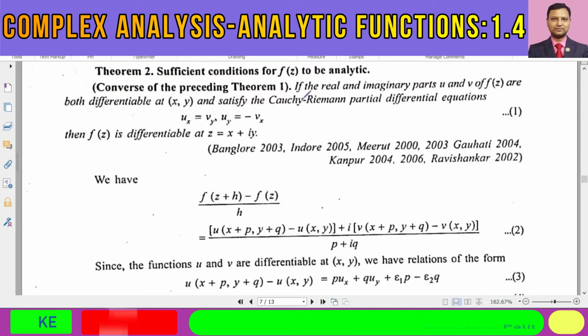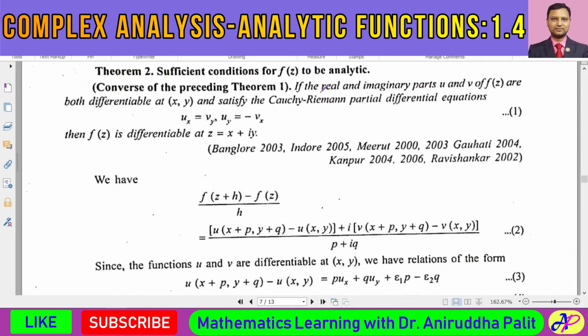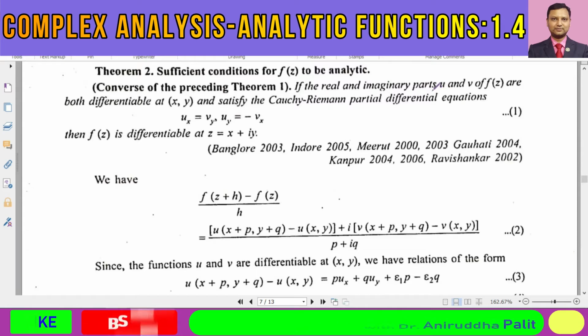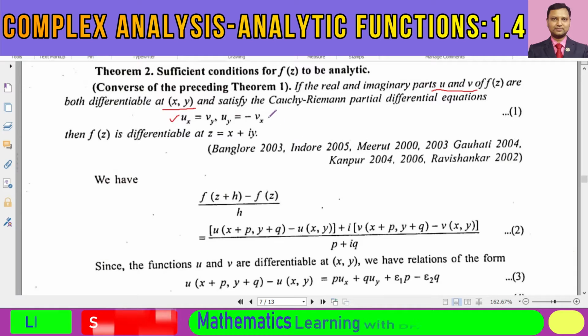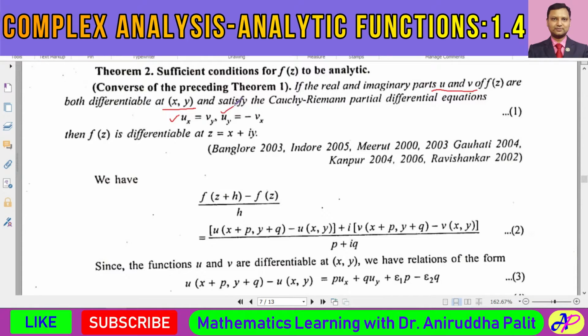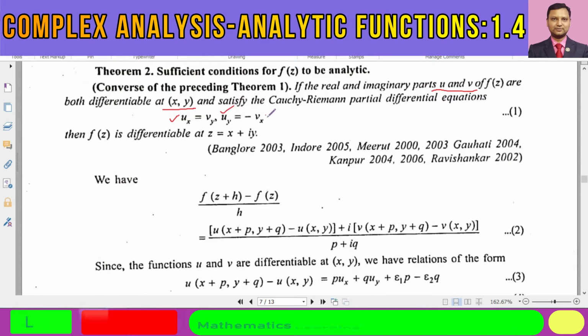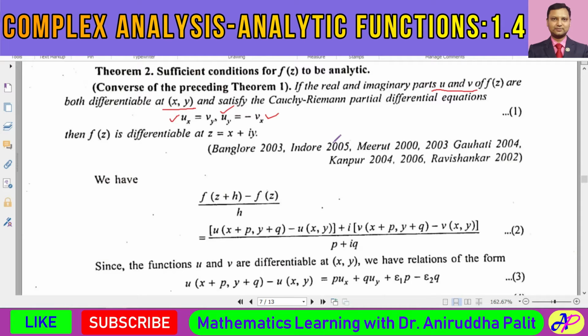So we are given that the real and imaginary parts, these two functions u and v of the function f of z, are differentiable at a particular point x comma y and satisfy the Cauchy-Riemann partial differential equations, that is, the partial derivative u_x is equal to v_y, and the partial derivative u_y is equal to negative of the partial derivative v_x.